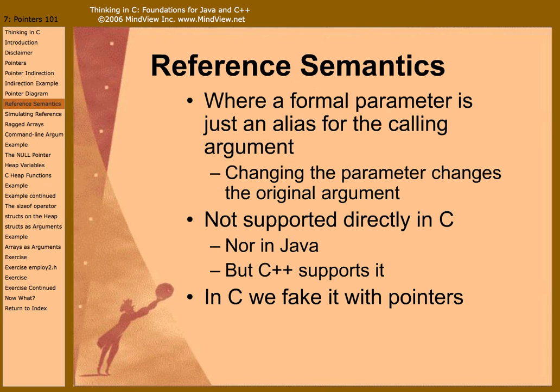Well, if you want to have reference semantics, you can do it coming in the back door. Instead of passing a value, pass a pointer, pass the address of something. And then in your function, you receive that address as a pointer, and then you can go through that pointer and make a change at whatever memory location you're wanting to make a change at. So it's really a simulation of reference semantics. You have to do it through pointers.